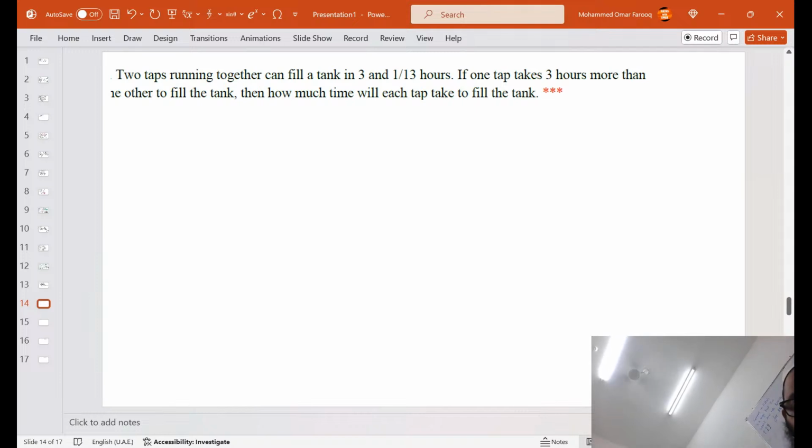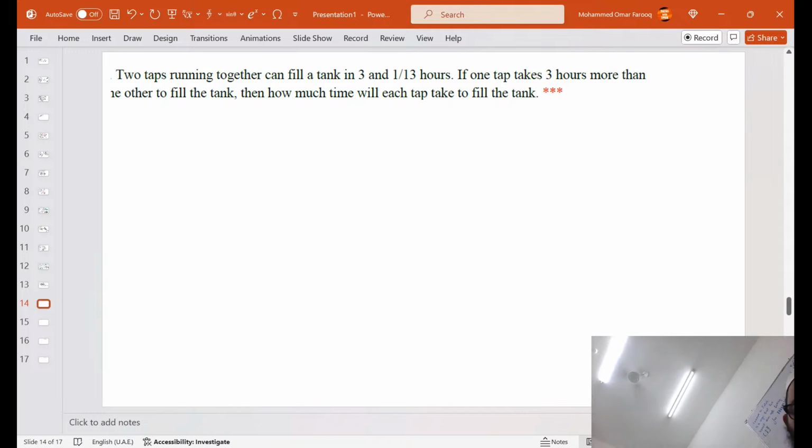The amount that the first tap can fill in 1 hour is equal to 1 by x part.